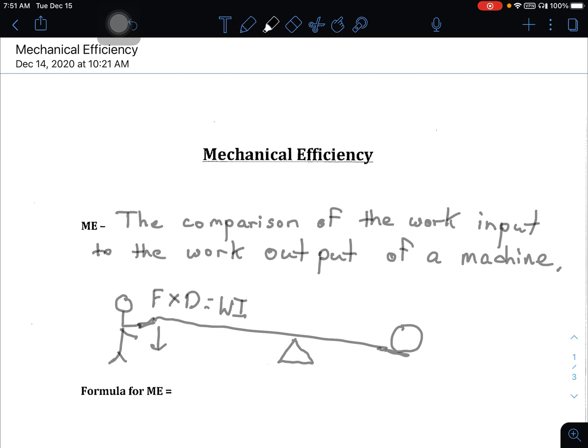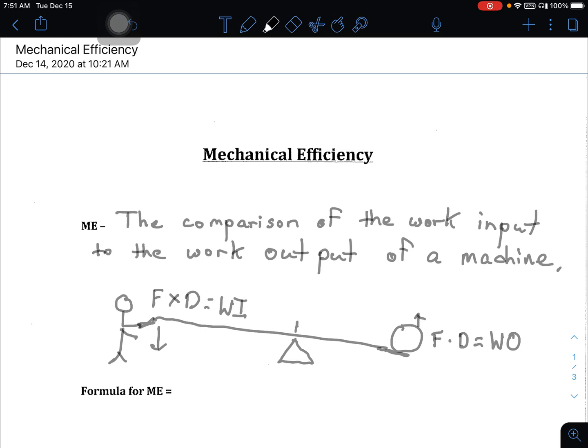On the other side, the lever is going to apply a force, and it's going to move this rock a certain distance over here. So once again, force and distance is work, but this work over here is going to be called our work output. Okay, we learned yesterday that there's always a small amount of friction in the use of a machine.